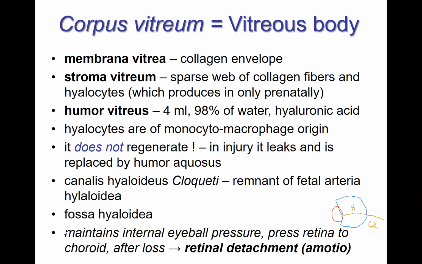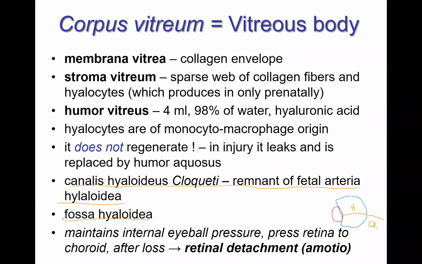And it supplies the lens during the development. We know that the lens comes from the optic or lens placoid, so it's a surface ectodermal structure. Yeah, and it's supplied by hyaloid artery coming through the hyaloid canal.